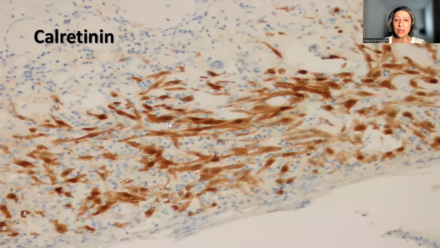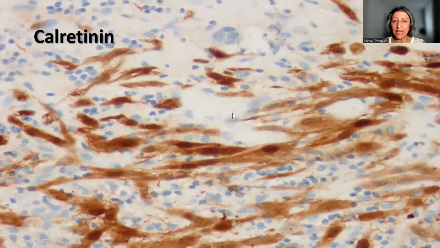And with calretinin, lots of hyperplasia of the sub-mesothelial cells, and there is one malignant gland, again on higher power magnification, really very supportive that there is perforation.